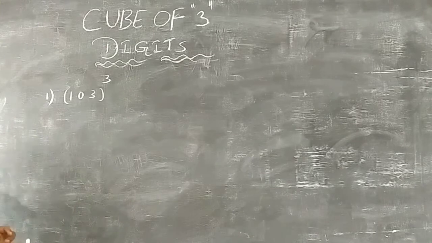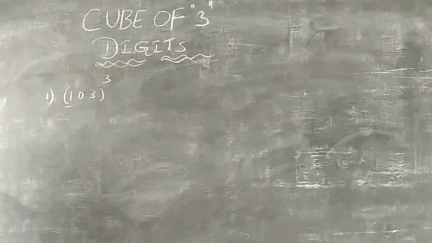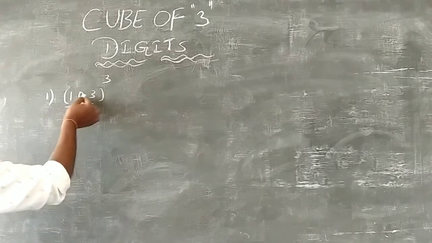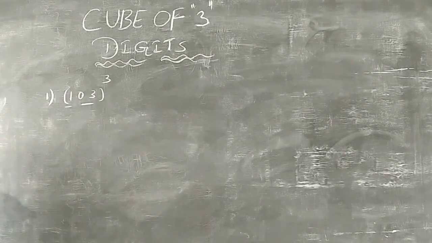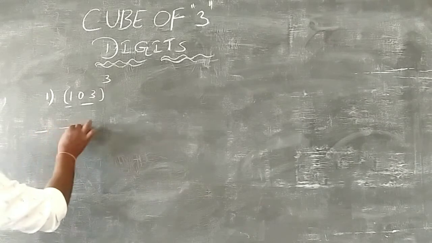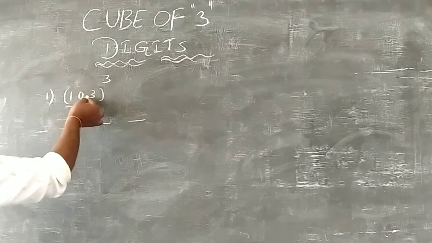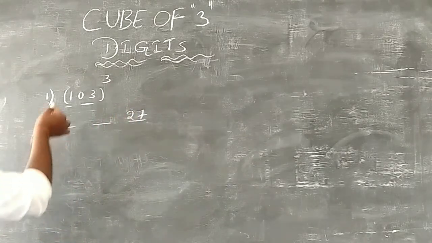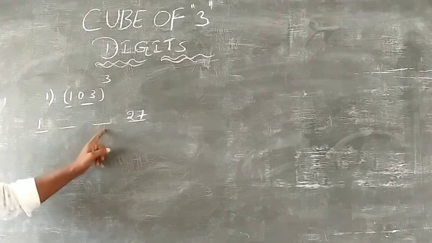The process is, in these 3 digits, this is 1, and these 2 numbers we take as a single digit. Like that, first divide, and then draw the 4 dashes. 03 whole cube is 27, and 1 cube is 1.